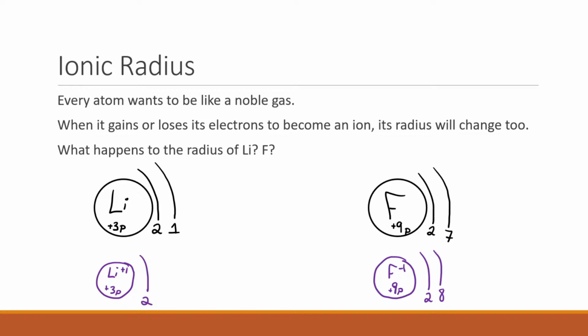Now, it still has the same number of protons. It still has the same number of shells, but it has gained 1 electron. What do you think that will do to the radius? Do you think the radius is going to get smaller, bigger, or stay exactly the same?